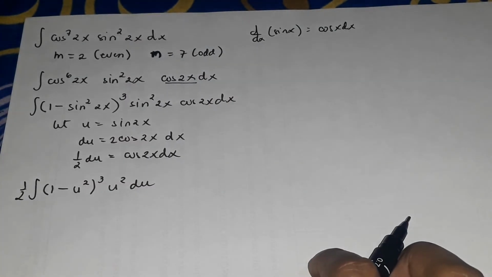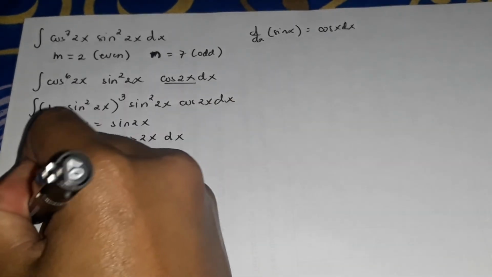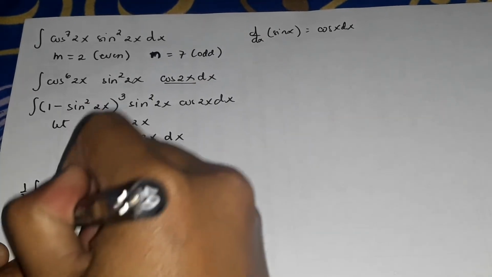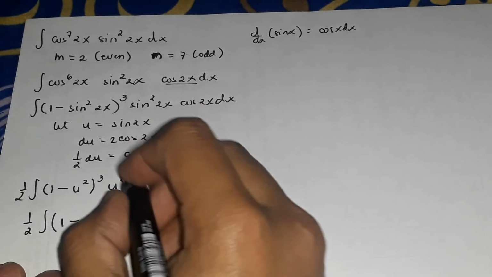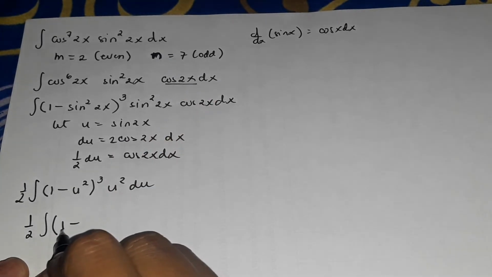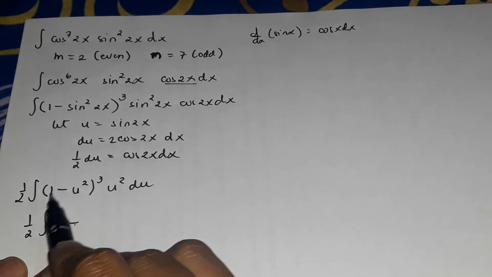And then, just like what we did earlier, we are going to expand 1 minus u square cube. So we have 1/2 integral of 1 minus... cube of the first, okay, minus thrice the product of the square of the first and the second.